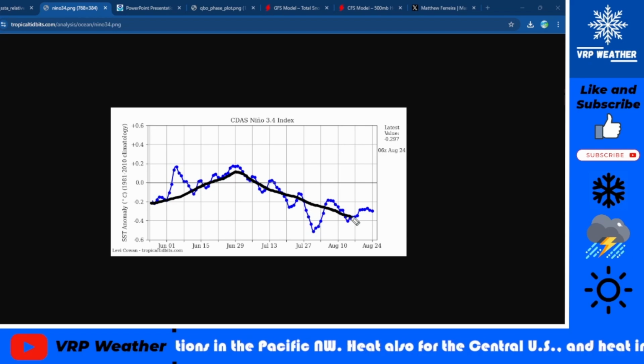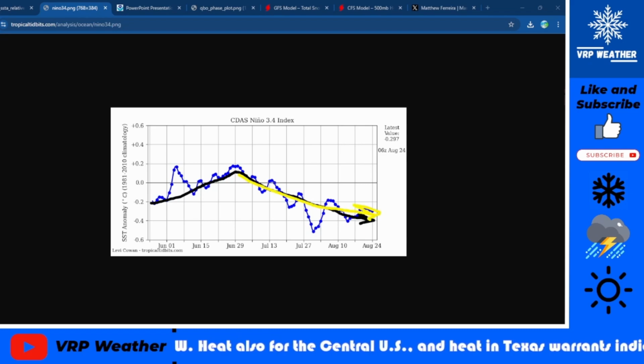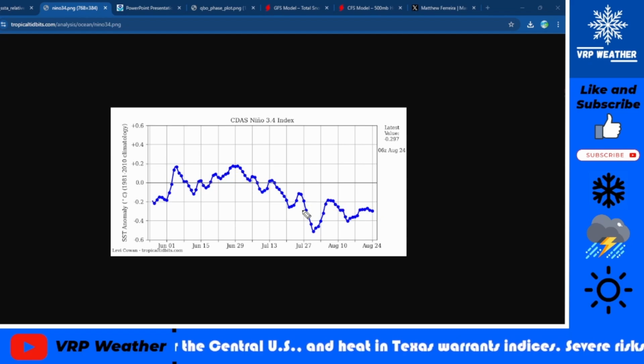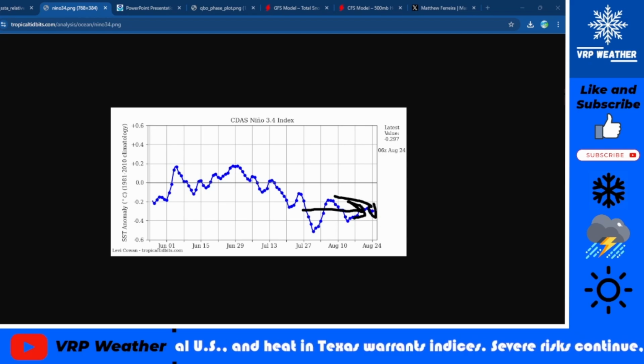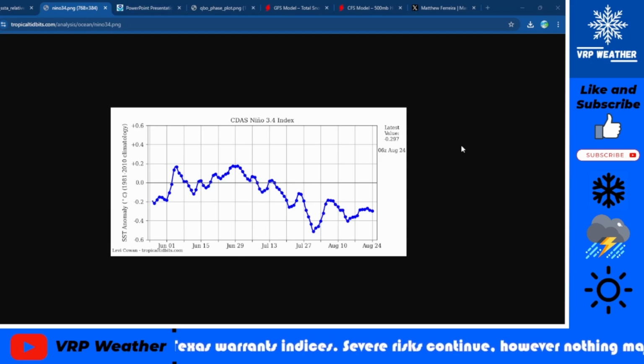But now that we're starting to end summer and get into fall, we've seen more of a drop off and a slight leveling, and starting to drop off like that. So that's very interesting. This plays a very big role in our La Nina forecast. This is going to continue cooling, most likely at a gradual rate before starting to warm back up during our winter months. So expect a weak La Nina most likely for our winter.